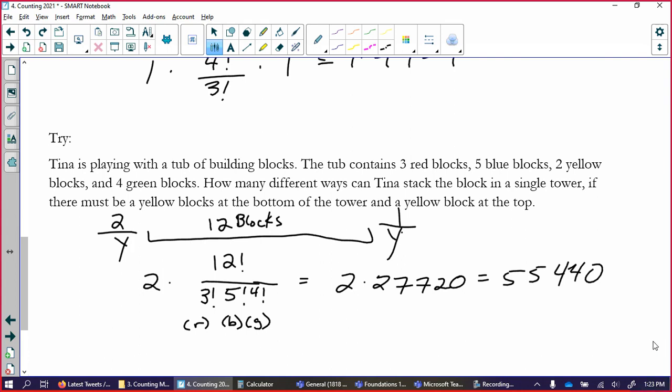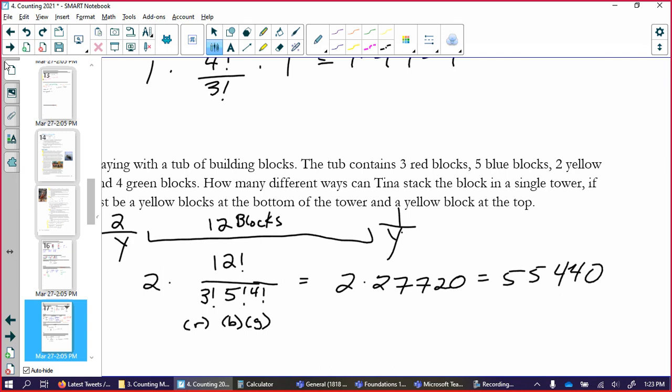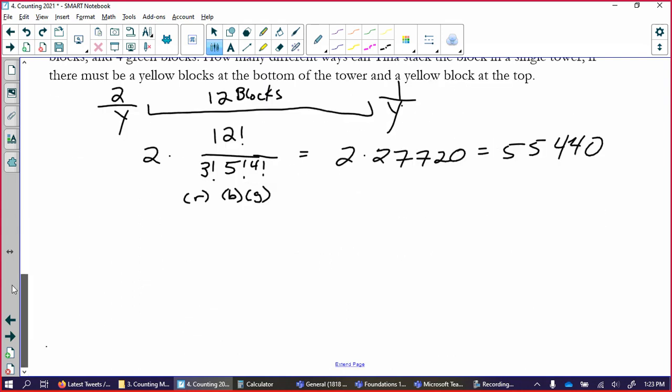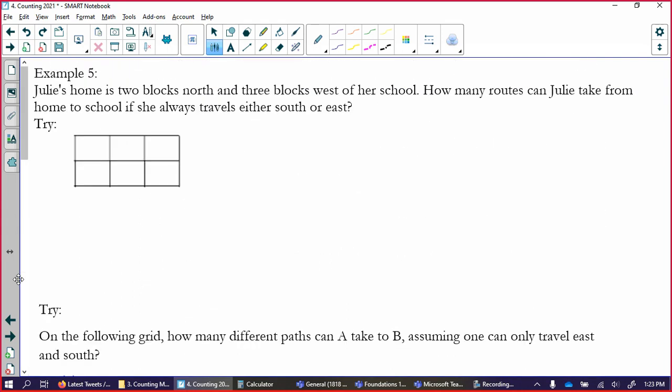So far, so good. I think there's only one more set of examples. Pathways.